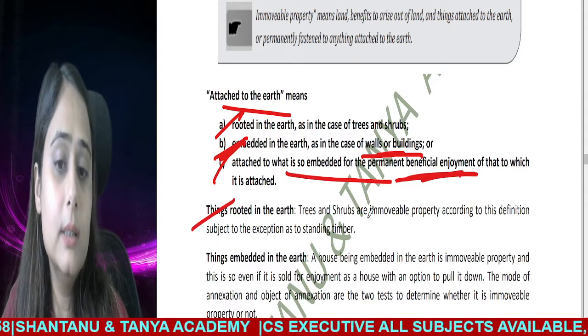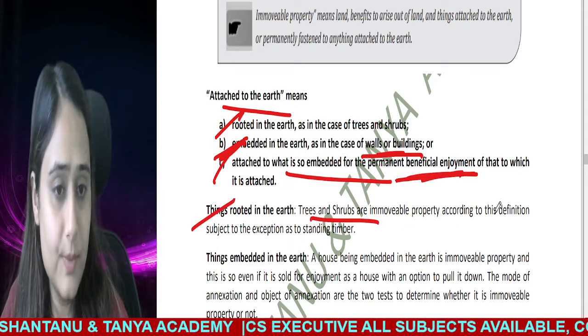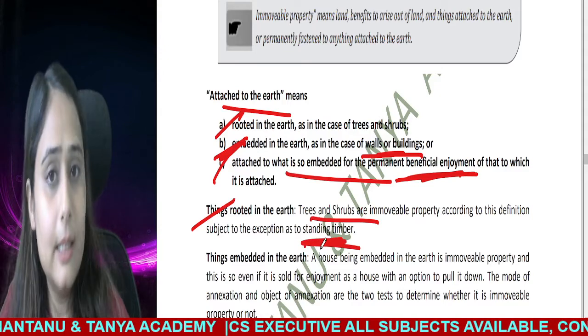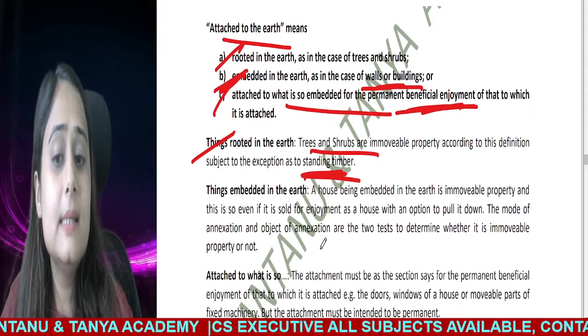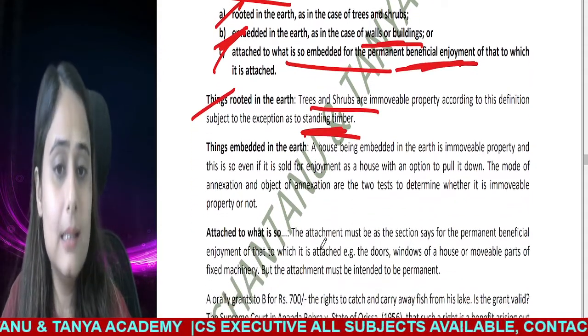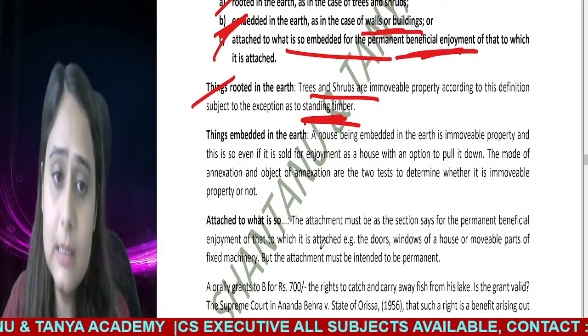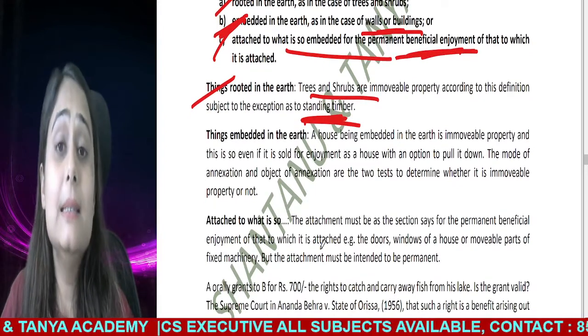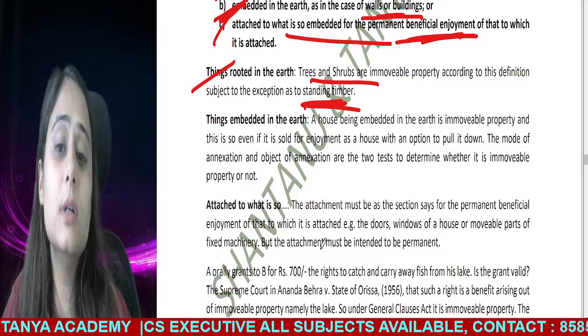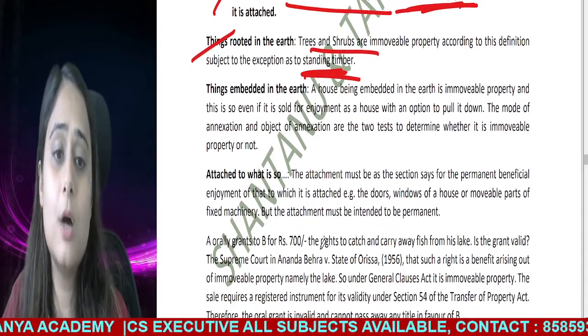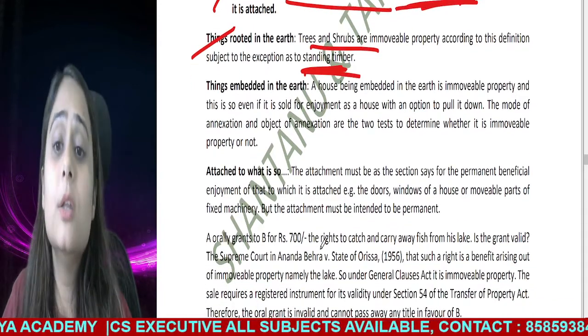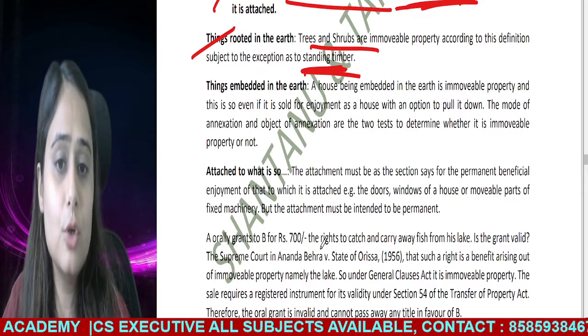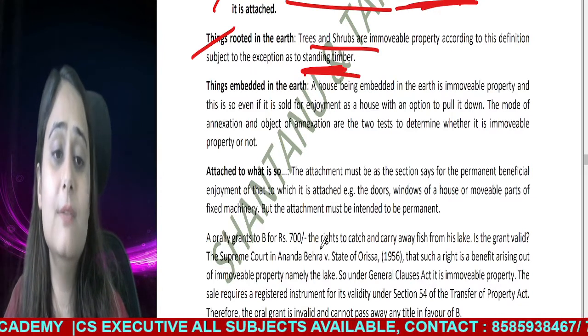So things rooted in the earth are trees and shrubs, except standing timber. Second is things embedded in the earth, as a house embedded in the earth is immovable property, and this is so even if it is sold for enjoyment as a house with an option to pull it down.